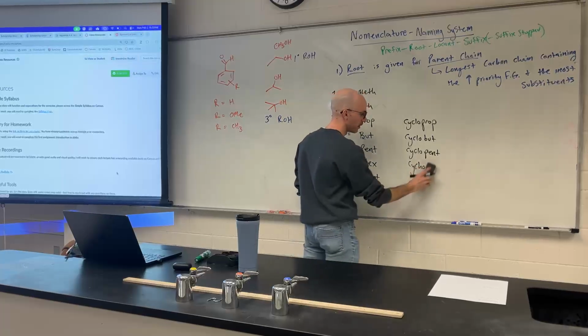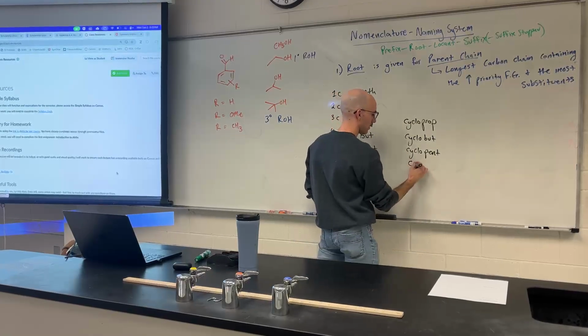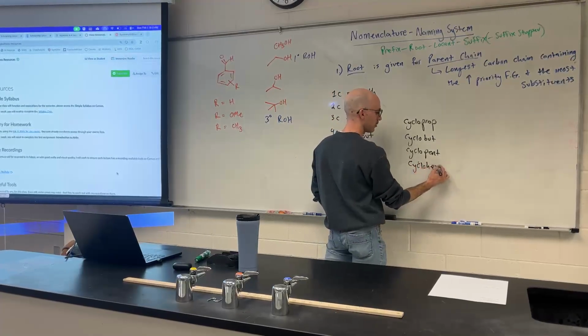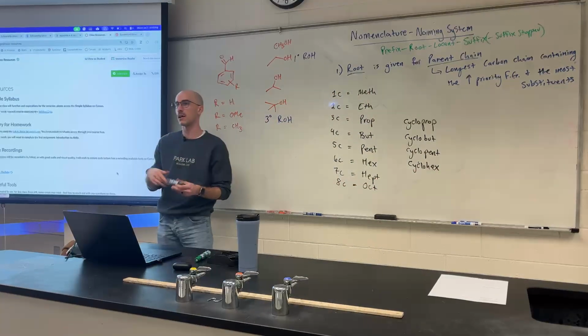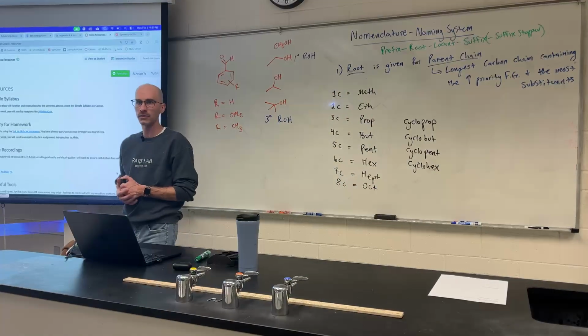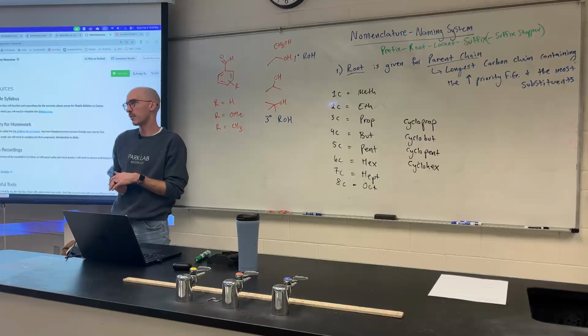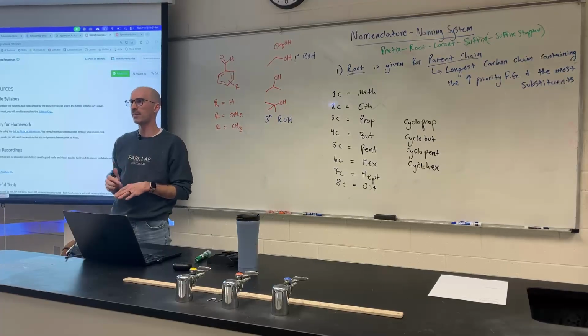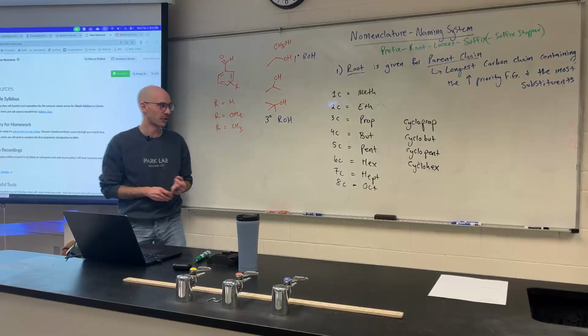These are the most common ones that we'll deal with in organic chemistry. But they do go on. Cyclohept, cyclooct, cyclonon, cyclodec. As soon as you get familiar with these most common ones, the larger, less common ones are easy to understand and interpret.